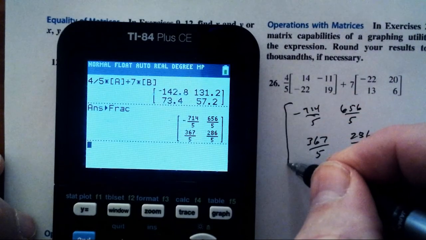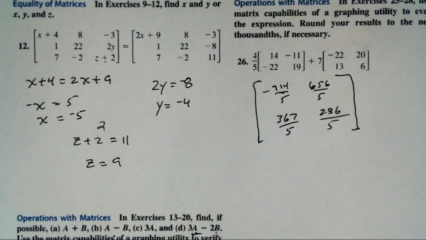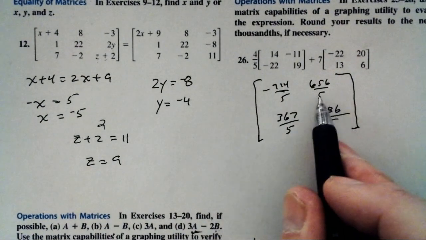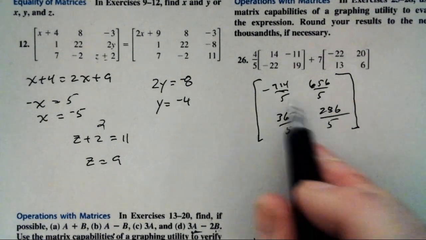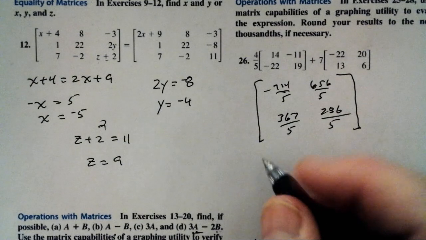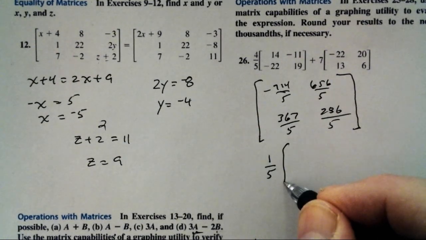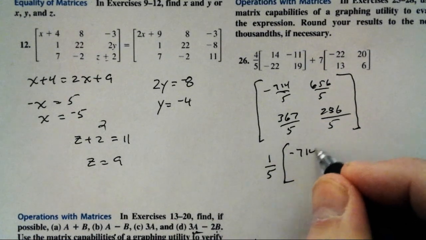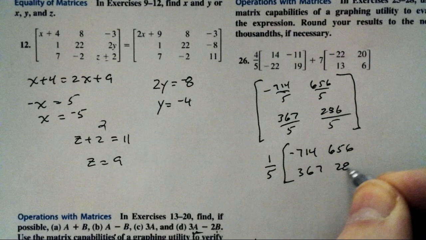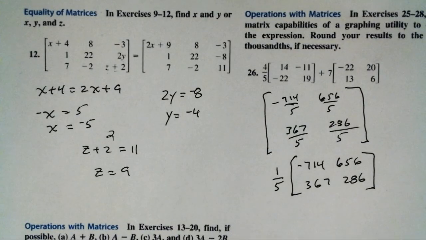It's very common in matrices when you do operations to get results that have common denominators or maybe very similar denominators, where this might be a 10 or a 15, where you have a real nice, easy common denominator. This is perfectly acceptable for an answer, but I would suspect maybe the back of the book would do this. You might want to do this as well. Might want to just factor that 1/5 scalar out.